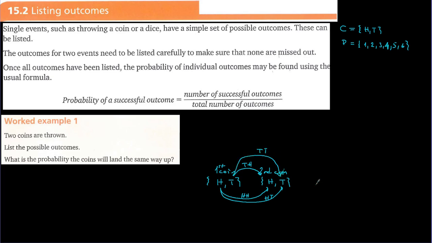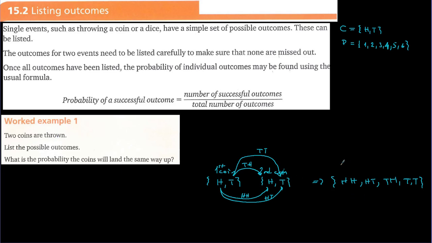So if I list all possible outcomes when you toss 2 coins: head and head, head and tail, tail and head, and tail and tail. So these are all possible outcomes when 2 coins are thrown.